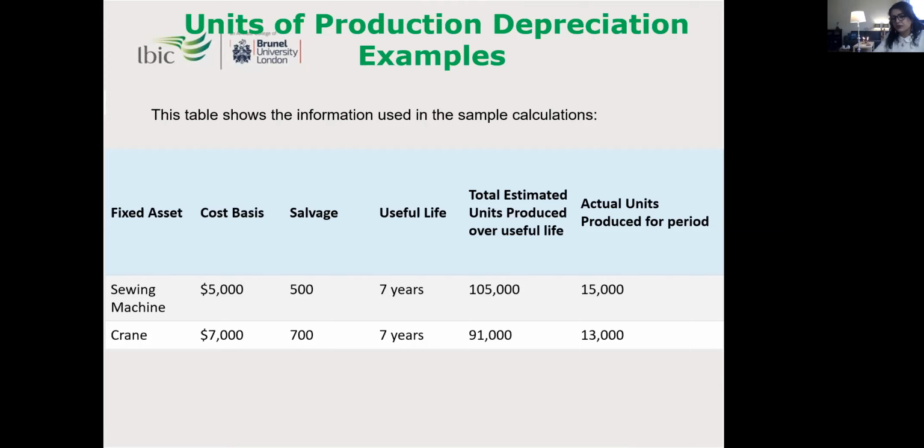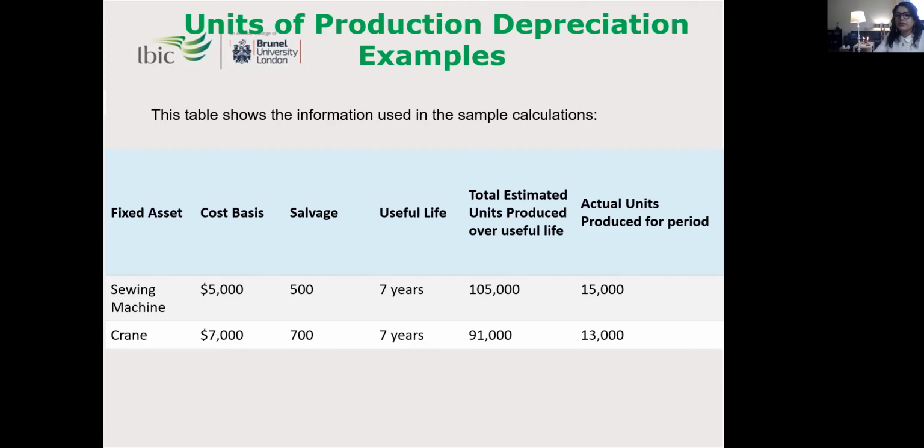So what you need to know is these two examples of how to calculate the depreciation for fixed assets using the unit of production depreciation method. The first is for a sewing machine, and the second is for a crane purchased for your factory.